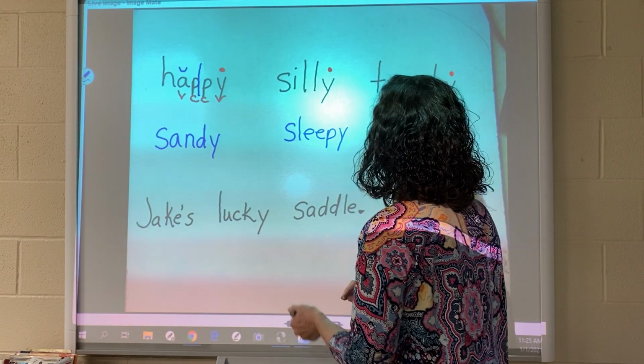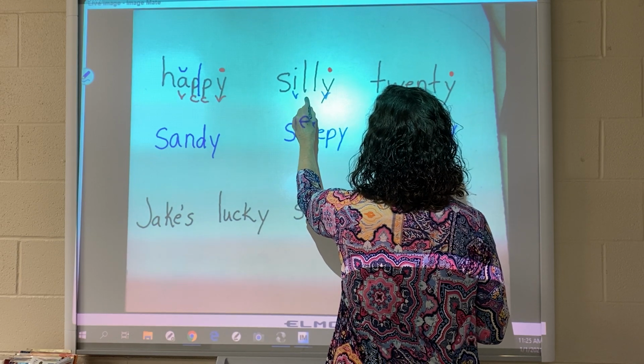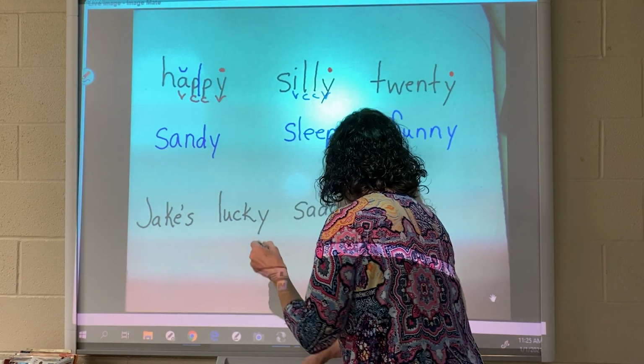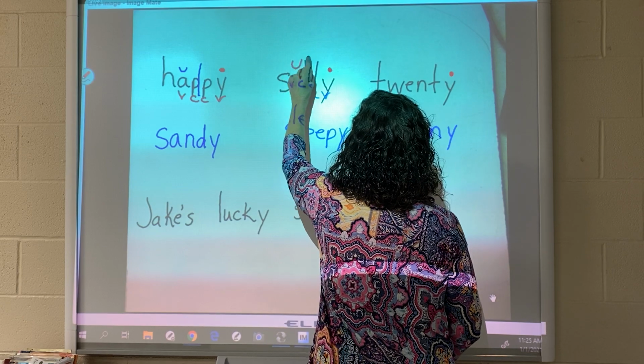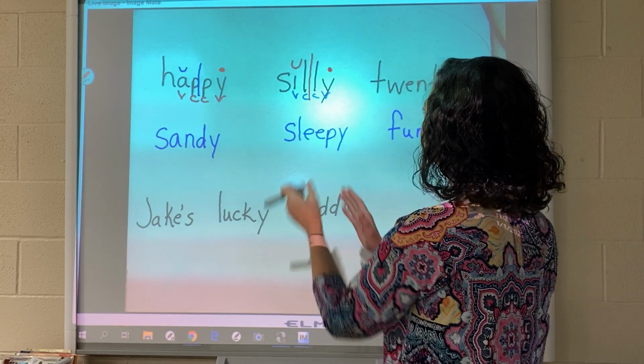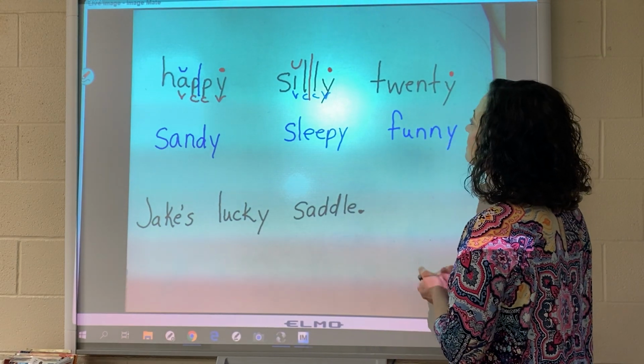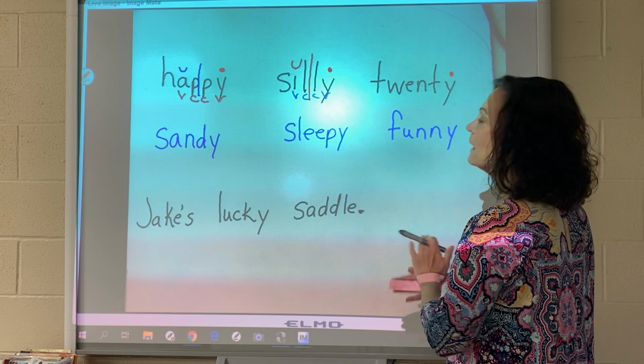Okay? This one, this is my vowel, this is my vowel, these are my 2 consonants. I have to code this vowel too. Silly. Two consonants, 2 syllable words.